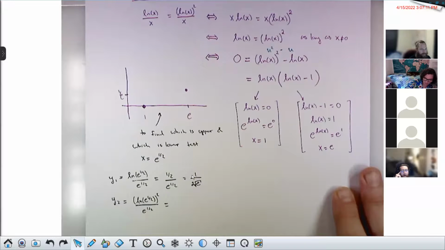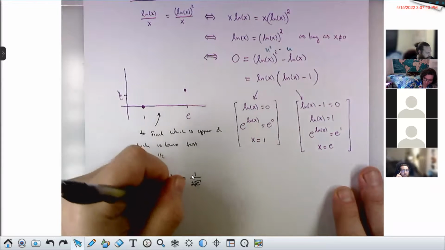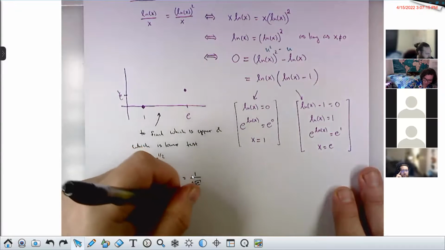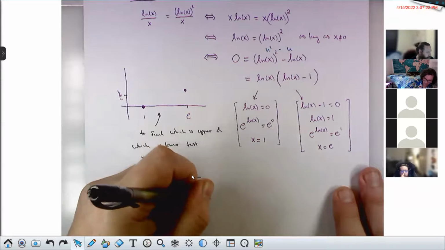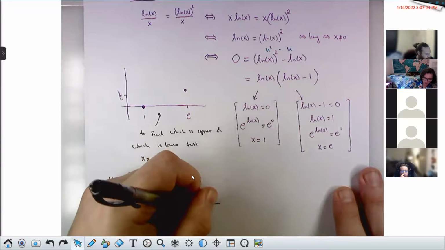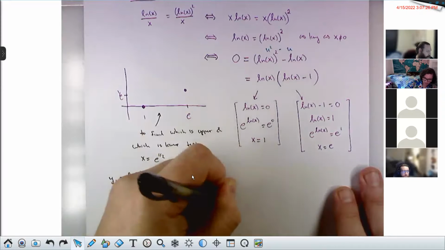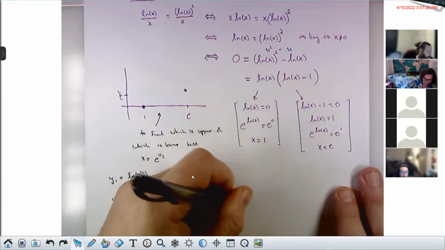And again, the natural log of e to the 1/2 is just going to be 1/2. So this numerator is 1/2 squared over e to the 1/2. So that's 1/4 over e to the 1/2, or 1 over 4 square roots of e.